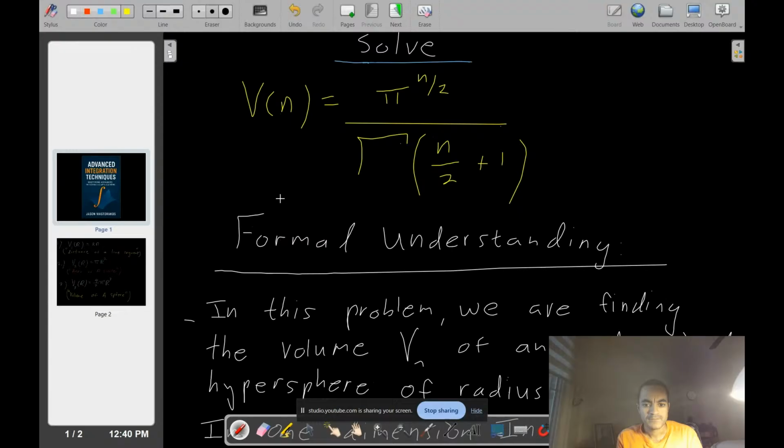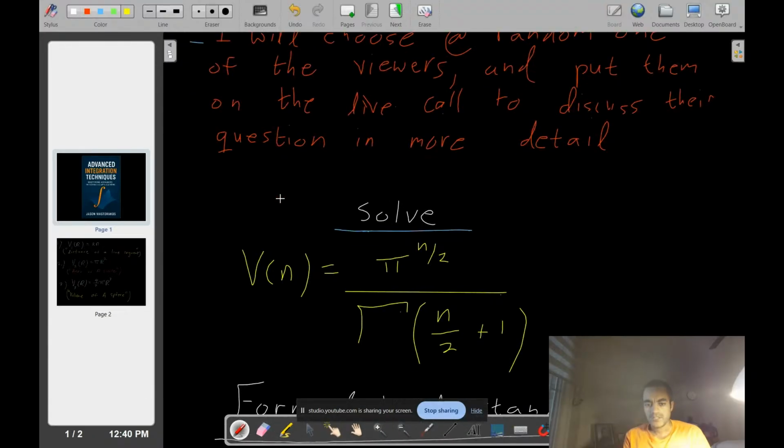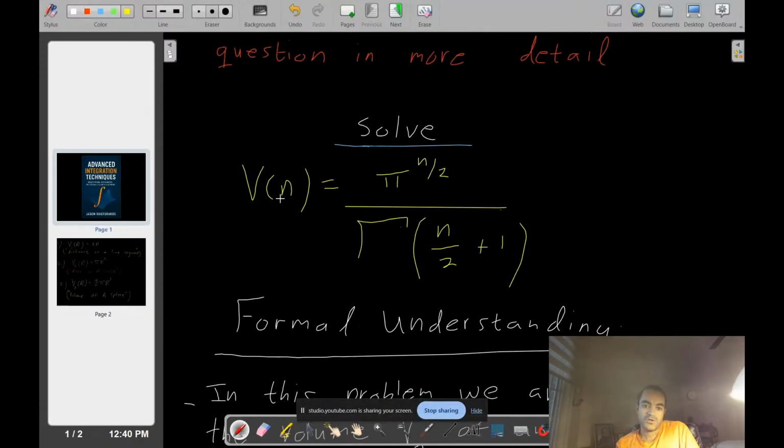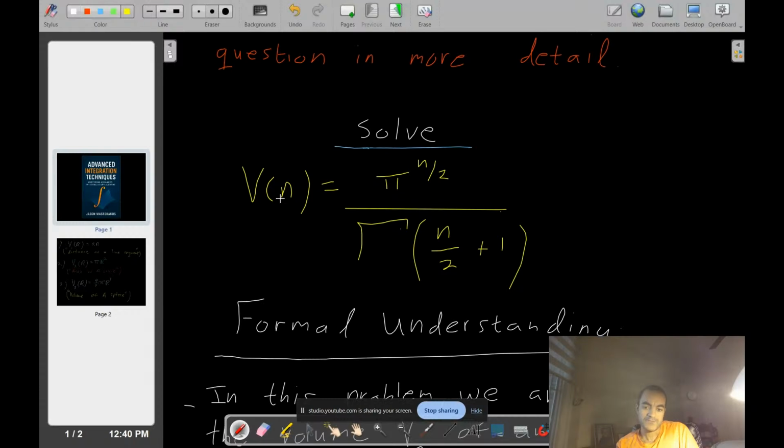Okay, so since there are no emergency questions that anybody has, we'll go directly to solving this guy right here. We are going to solve this volume formula that I talked about, which calculates volumes of n-dimensional spheres in n-dimensional hyperspace.